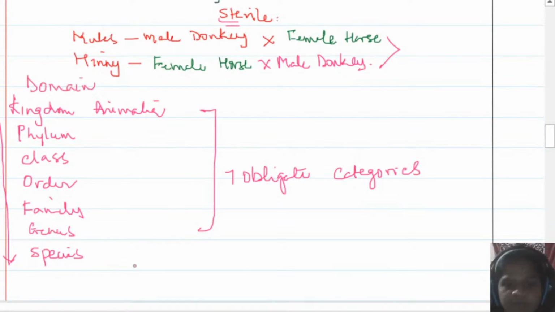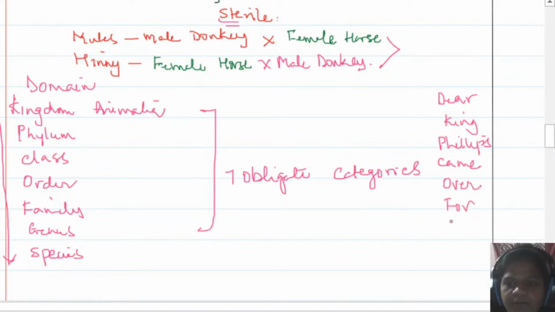You can remember that if you put a mnemonic to it: Dear King Phillips came over for good soup.